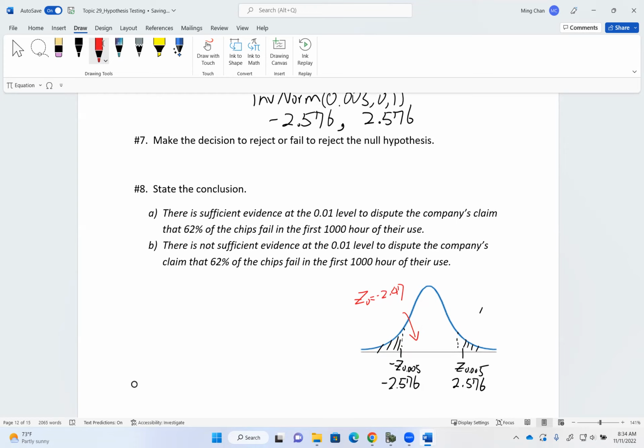So again, in this example, we will fail to reject the null hypothesis. So conclusion: there's not sufficient evidence at the 0.01 level to dispute the company's claim that 62% of chips fail in the first 1,000 hours of use.